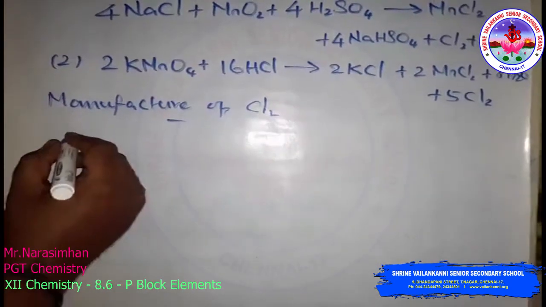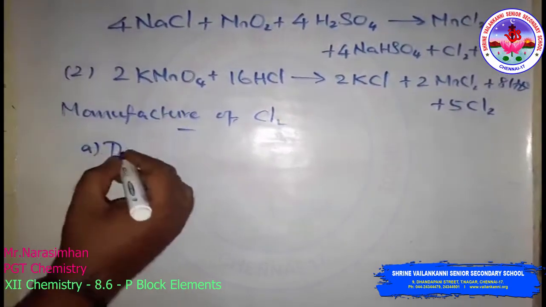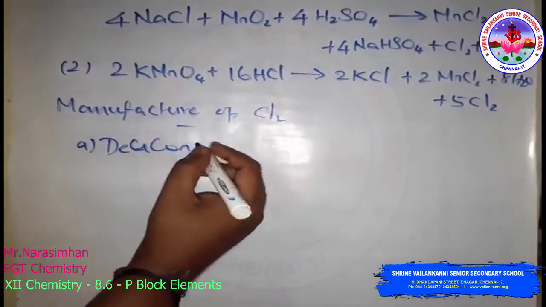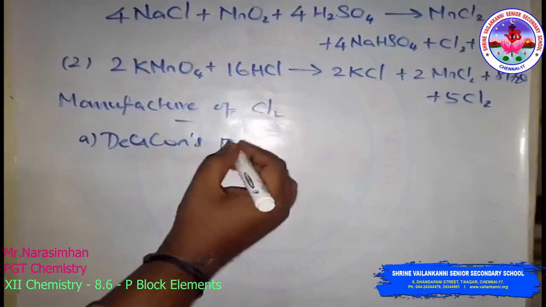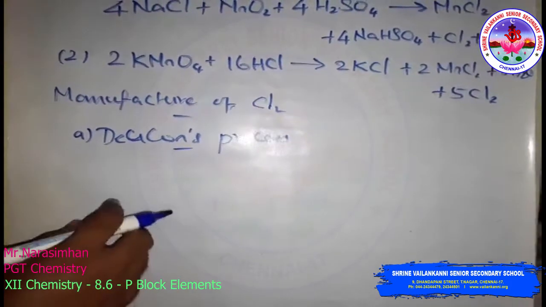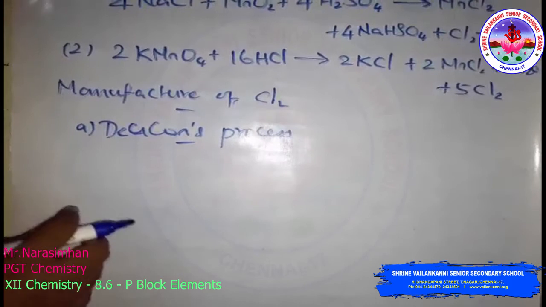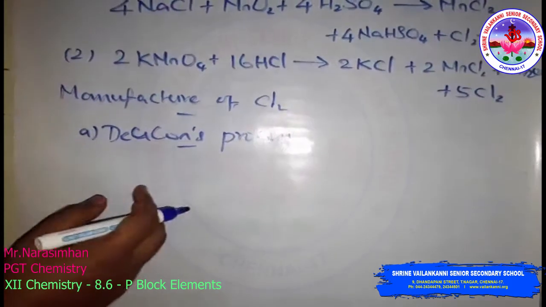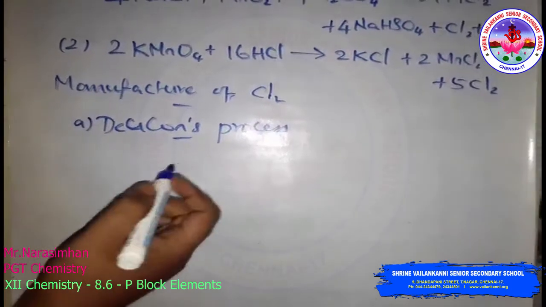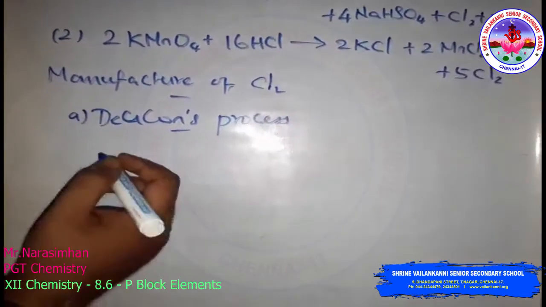First we will see the Deacon process. The Deacon process is the oxidation of hydrogen chloride gas by atmospheric oxygen in the presence of copper chloride, that is the catalyst, at 723 Kelvin temperature.